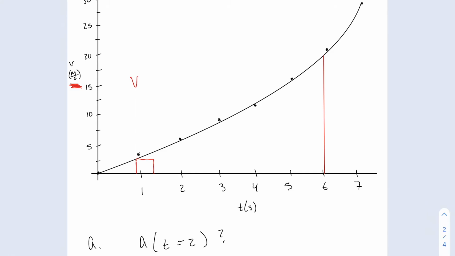So the height is going to be v, and then the length is going to be some length in time. So v times delta t, right? Velocity at this time times this length of time here.